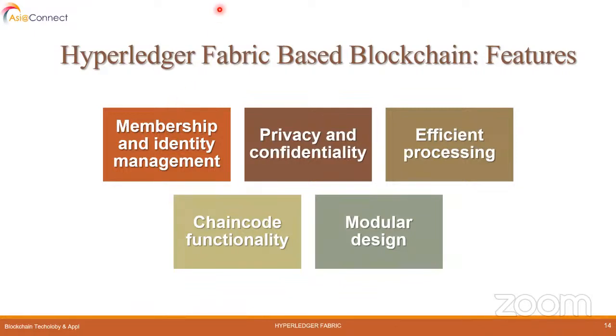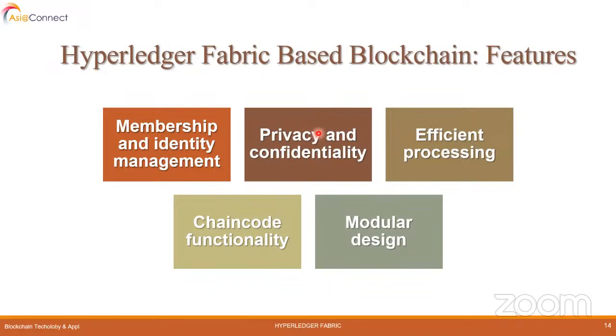IIIT Council has many member institutions, and each institution may delegate 4 or 5 of its representatives for taking part in IIIT Council meetings. So the member here is, say, an IIIT, and identity management is done by the members and the membership management of the Hyperledger Fabric network. Secondly, privacy and confidentiality.